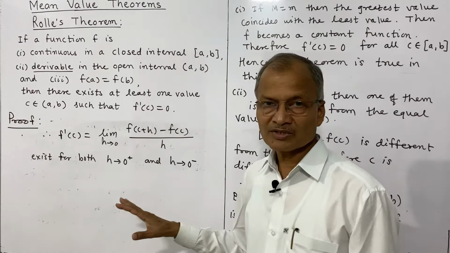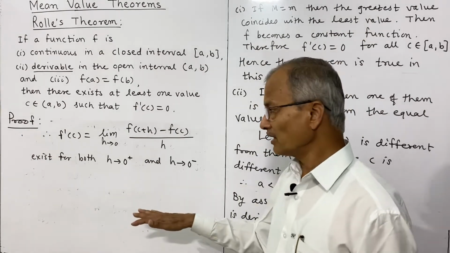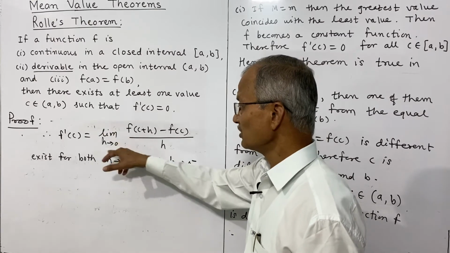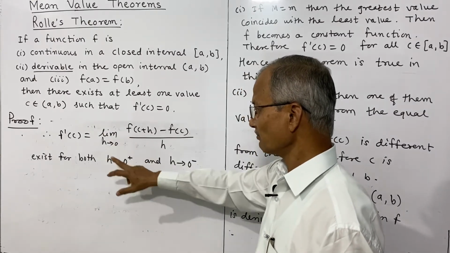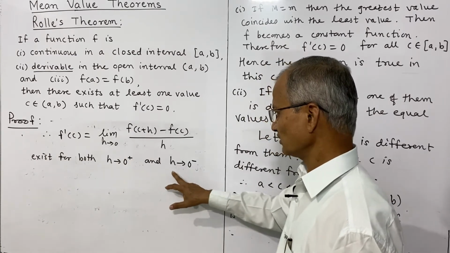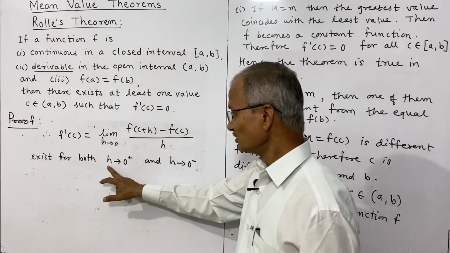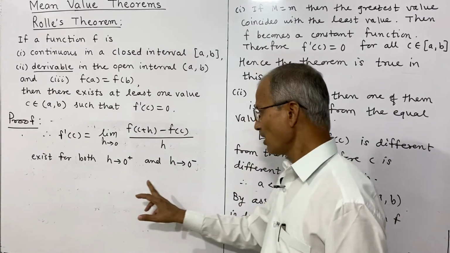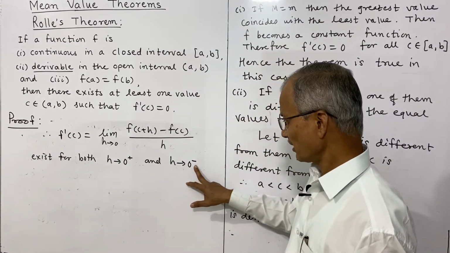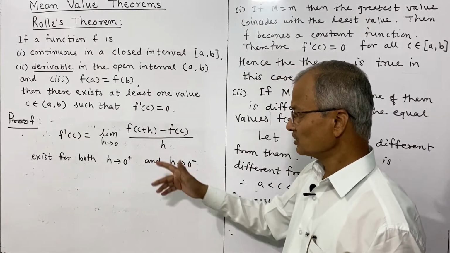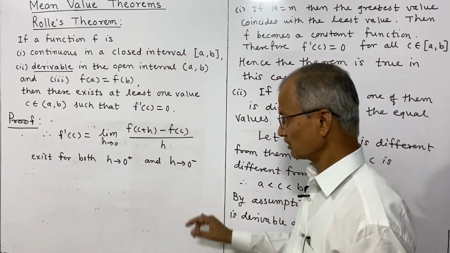When the left hand derivative is equal to the right hand derivative, then the derivative exists, and that means this limit must be the same for h tends to 0 from right and from left. H tends to 0 from right means h is positive and approaches 0, and h tends to 0 from left means h is negative and approaches 0. So it must exist and be equal for both.